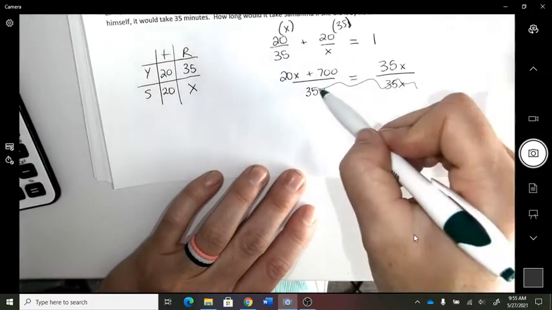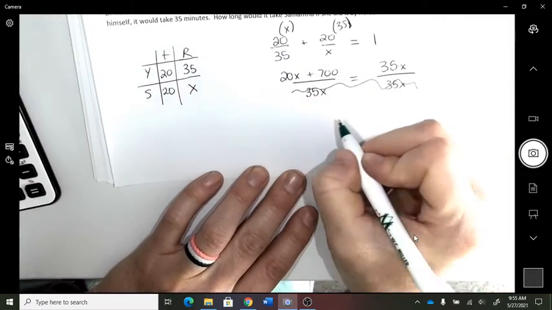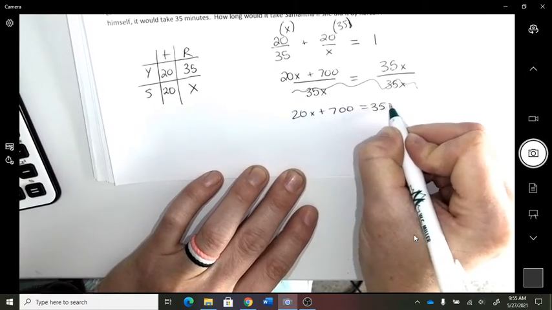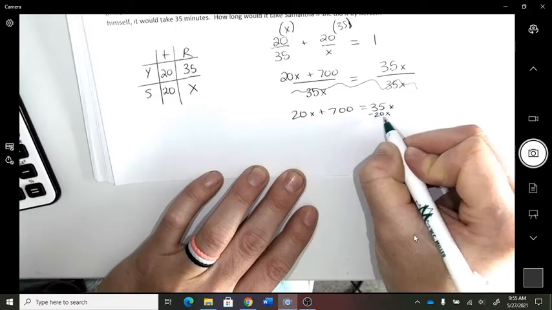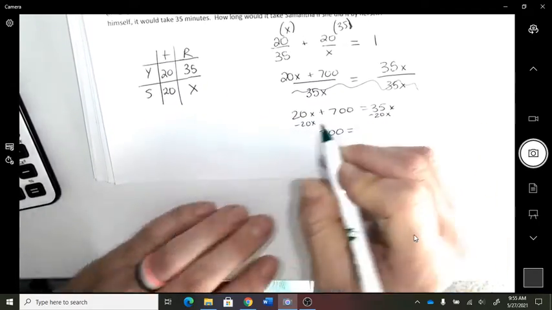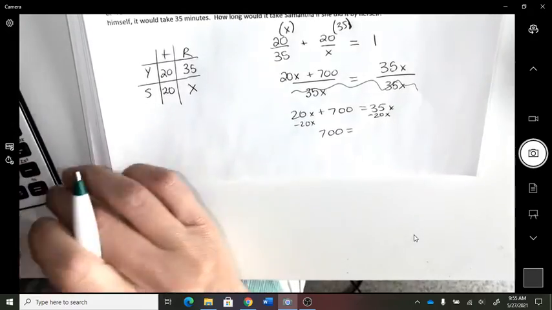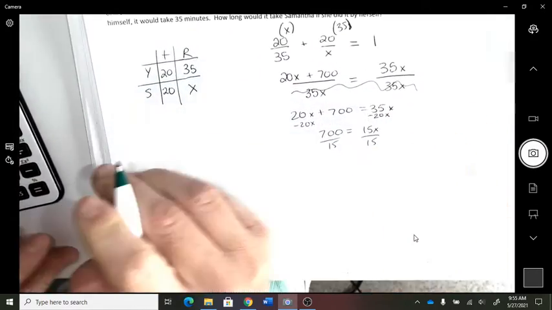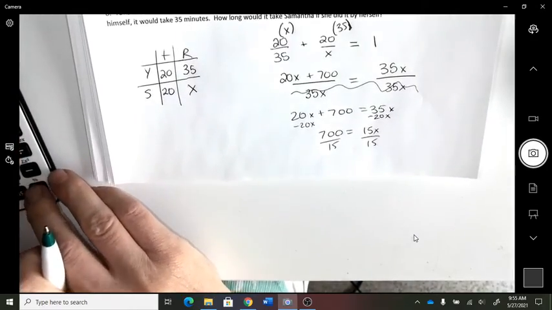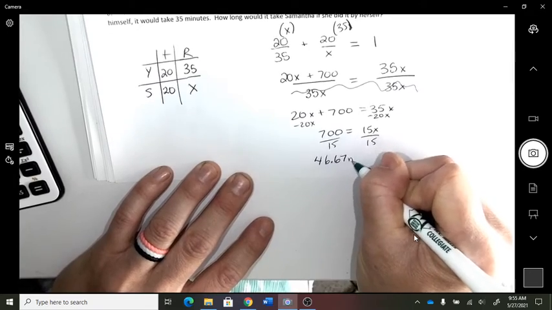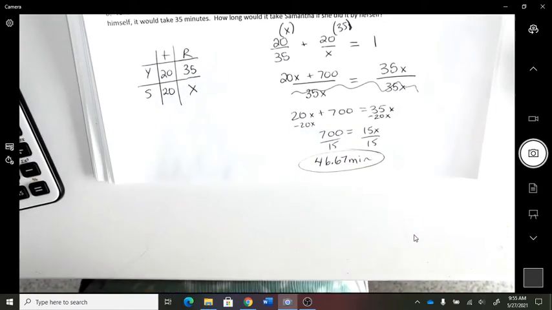Drop the denominator. So you're going to have to move the x's together, collecting. And then divide. So 46.67 minutes when Samantha works alone.